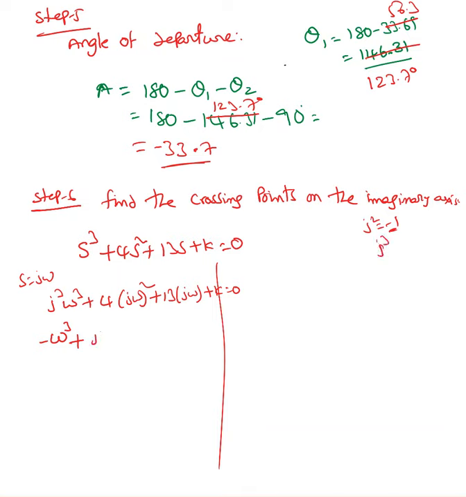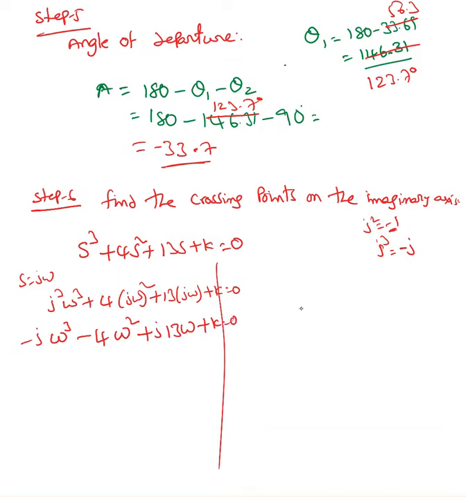So j cube is nothing but, I'm sorry, it's minus j. So j cube omega cube is minus j omega cube plus, actually this is going to be minus 4 omega square plus j 13 omega plus k equal to 0.